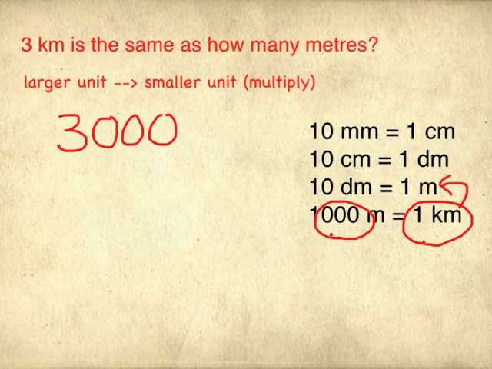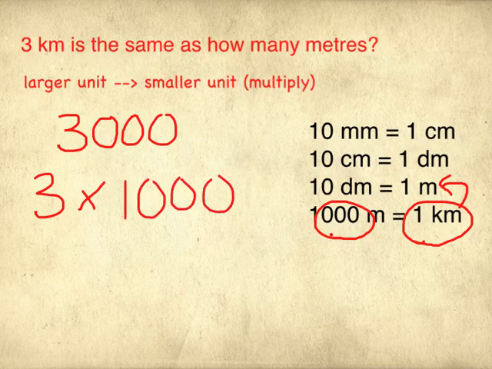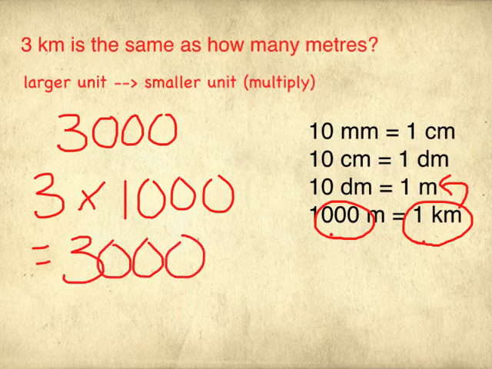Now, if we think what's happening mathematically, I am taking the 3 and I'm multiplying by the 1,000 to get to 3,000. So 3 kilometers is the same as 3,000 meters.